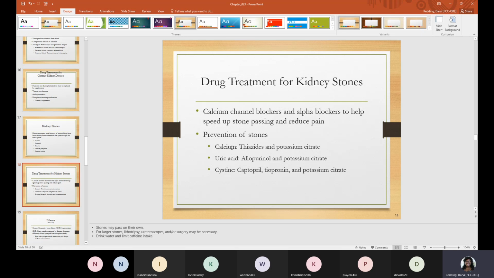They may be prescribed for uric acid, an example would be allopurinol and potassium citrate. And then another drug treatment for the prevention of stones would be for cysteine, which would be captopril, tiopronin, and potassium citrate.